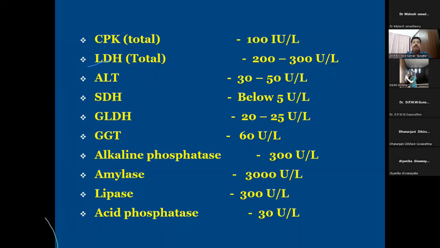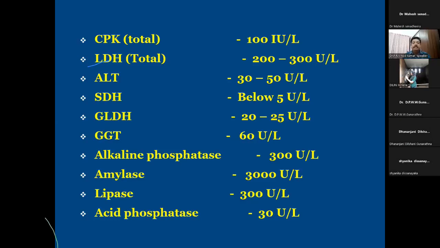CPK total, the normal activity is 100 units per liter. LDH total is 200 to 300 units per liter. ALT in the dog, these are all in the dog, is 30 to 50 units per liter. SDH is below 5 units per liter, normal. GLDH is 20 to 25 units per liter. GGT is 60 units per liter.